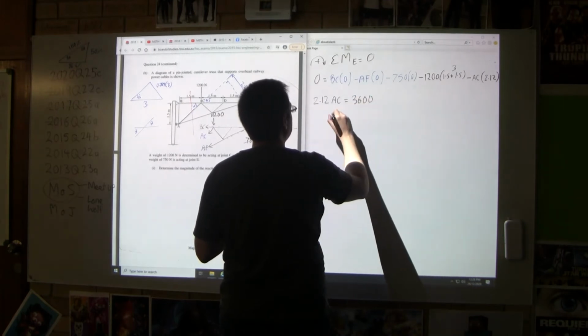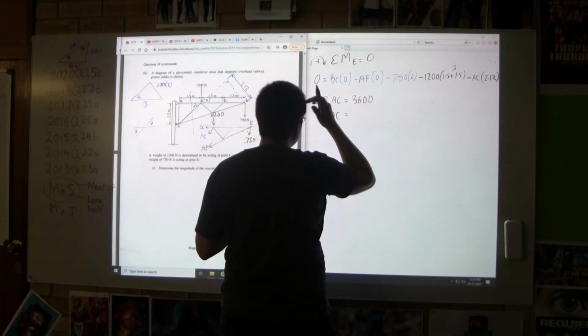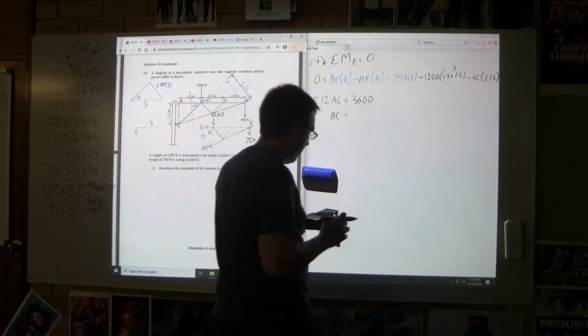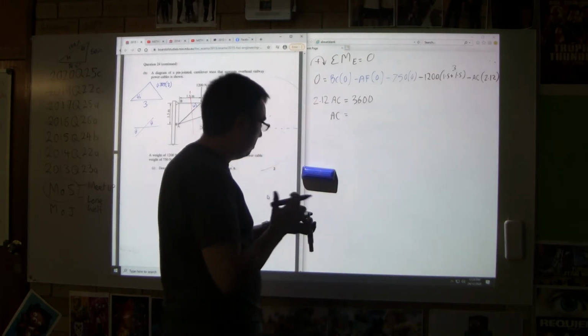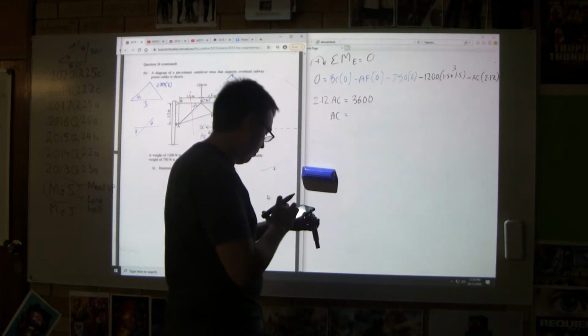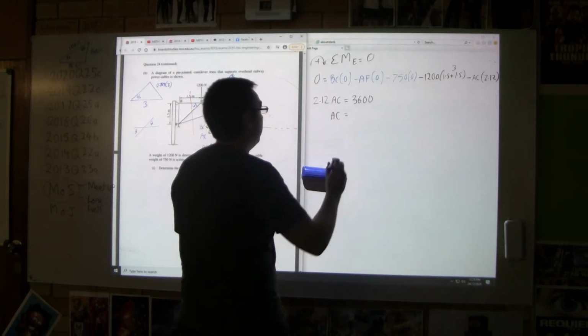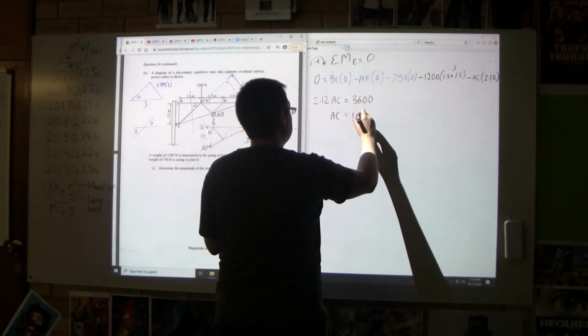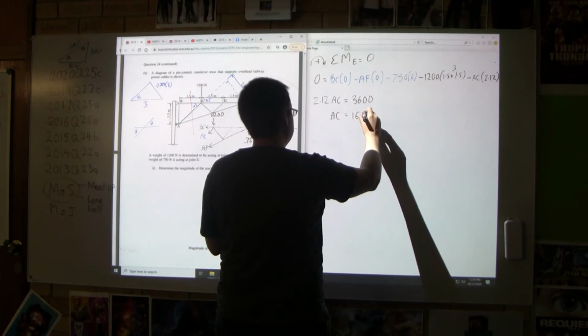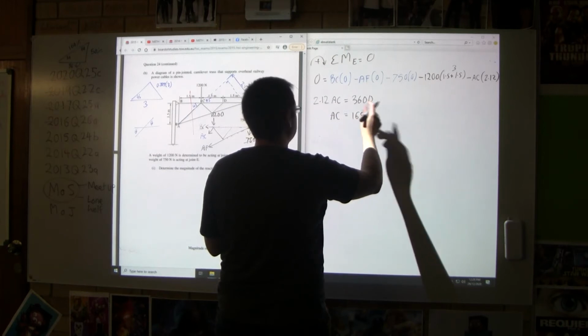And then if I bought 2 air conditioners for 3.6 thousand, how much is each air conditioner? Well, it's probably going to be less than 2,000. So let's divide it by 2.12. There we go. 1698, which sounds about right.